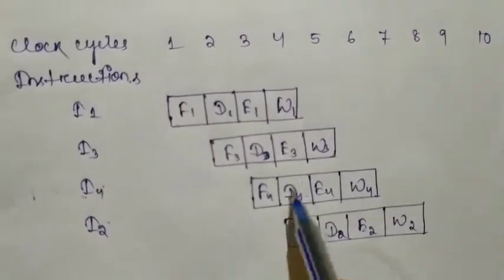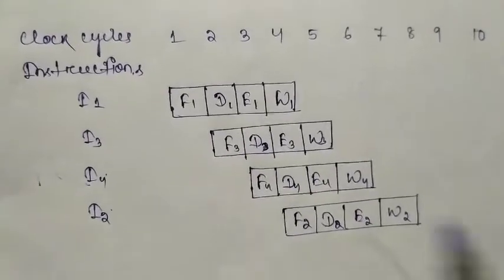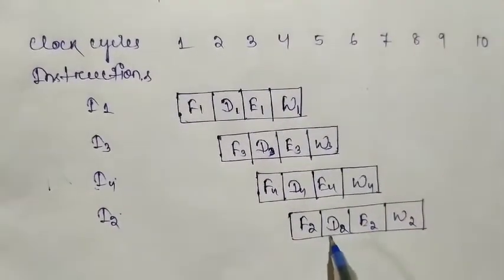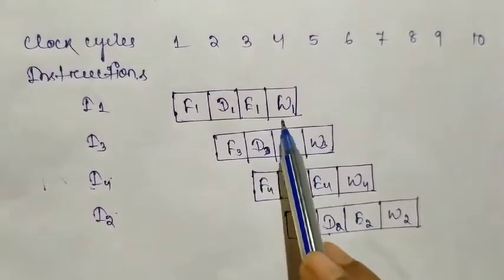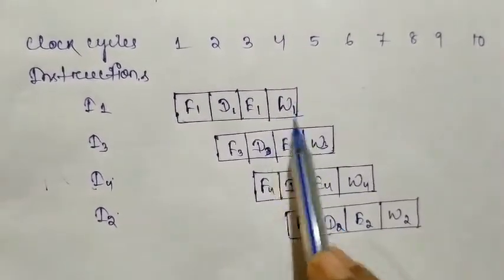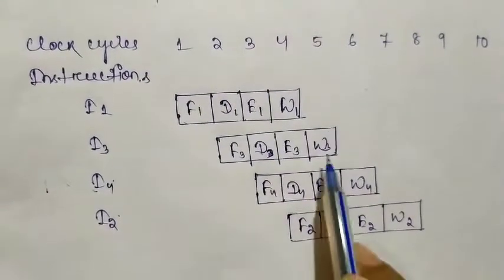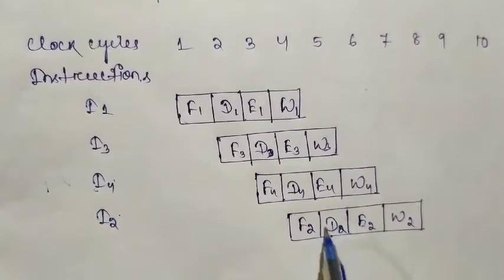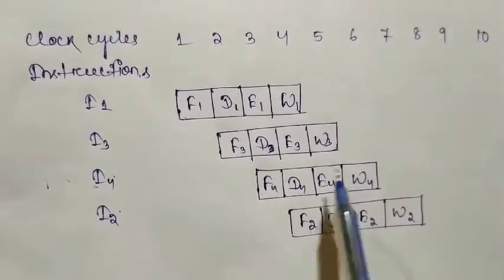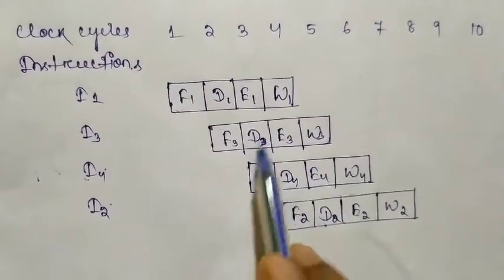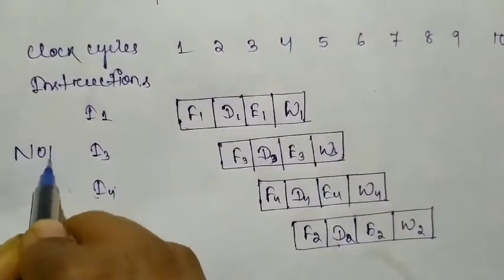In this way, when I1 starts its decode stage, the operand is already present, so it can easily be fetched and decoded. No stall is required, and this is our NOP operation.